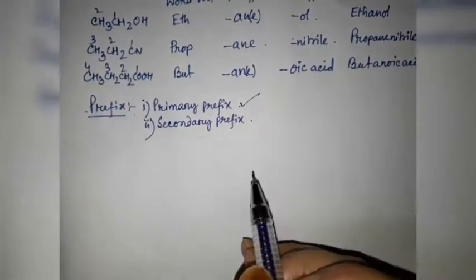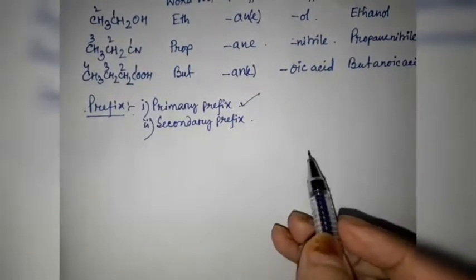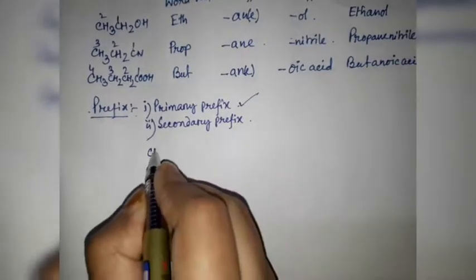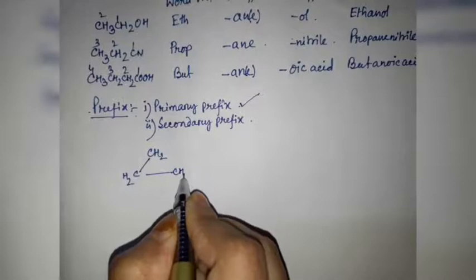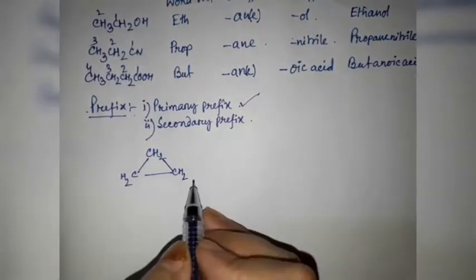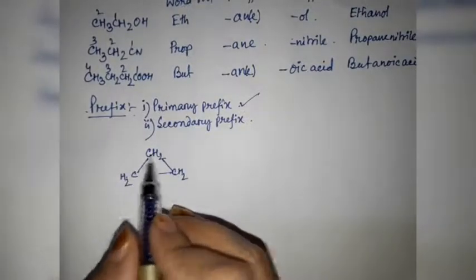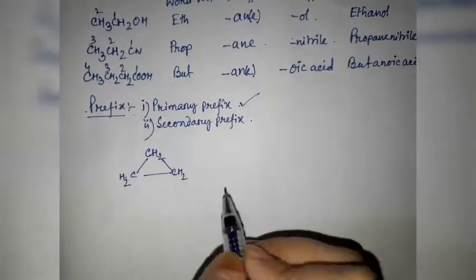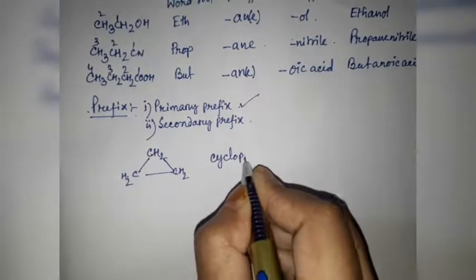A primary prefix is used to differentiate a cyclic compound from an acyclic one. For example, suppose this one. How many carbon atoms are there? 1, 2, 3. So this should be propane, but this is cyclic, so it will be cyclopropane.